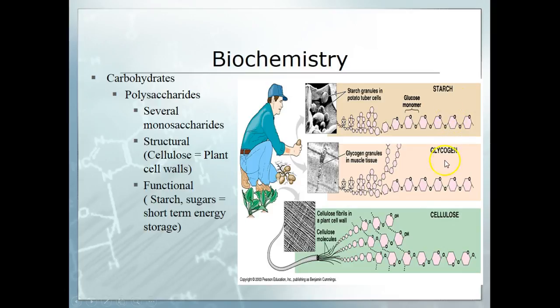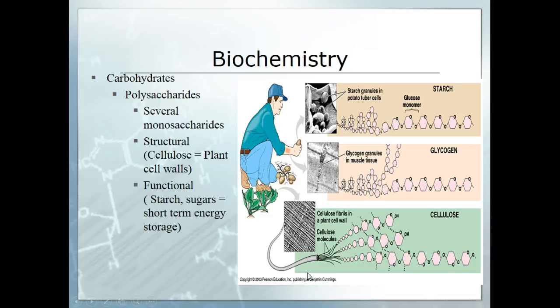Okay? Every single one of these examples is a polysaccharide, and every single one is made up of repeated subunits, in this case monosaccharides, which have been linked together via dehydration synthesis to produce a large, complex polysaccharide. Okay?